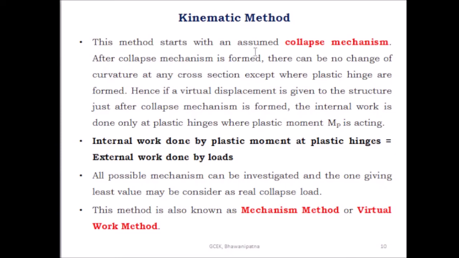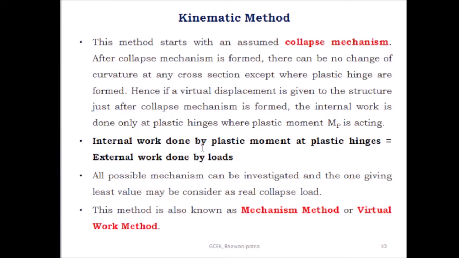This method starts with an assumed collapse mechanism. After the collapse mechanism is formed, there can be no change of curvature at any cross section except where plastic hinges are formed. Hence, if a virtual displacement is given to the structure just after the collapse mechanism is formed, the internal work is done only at plastic hinges where plastic moment MP is acting.